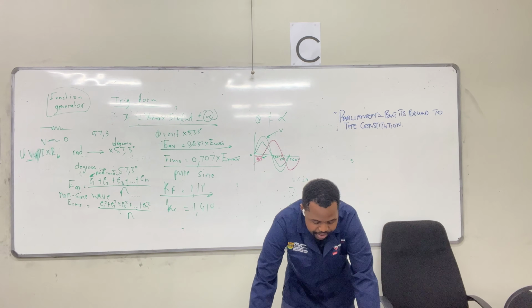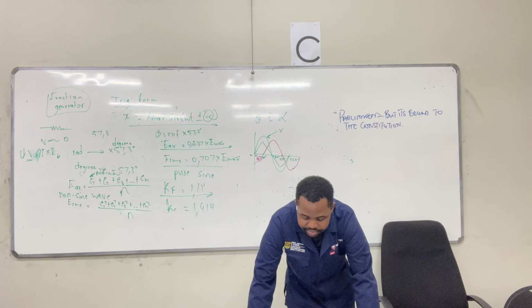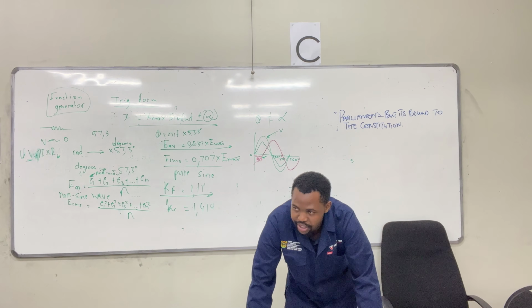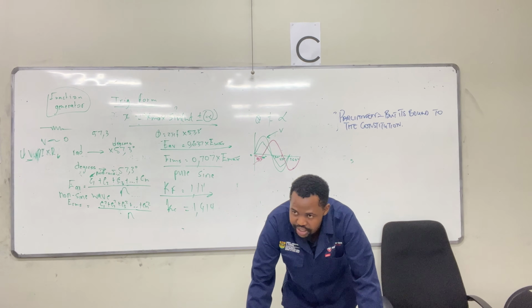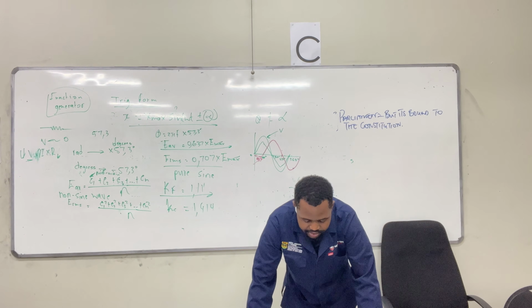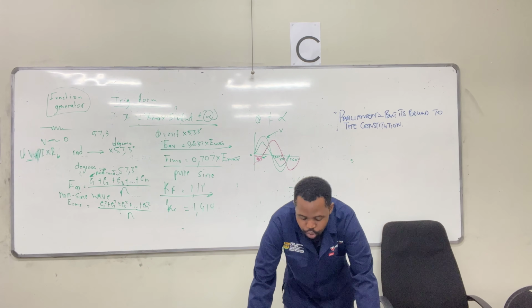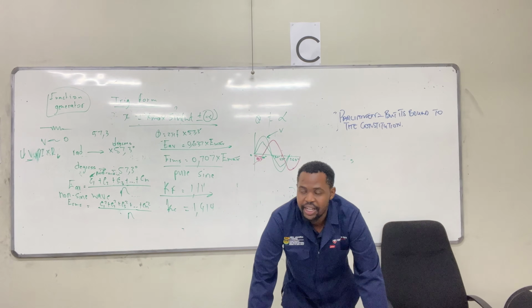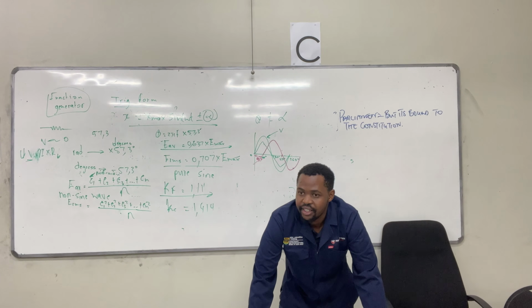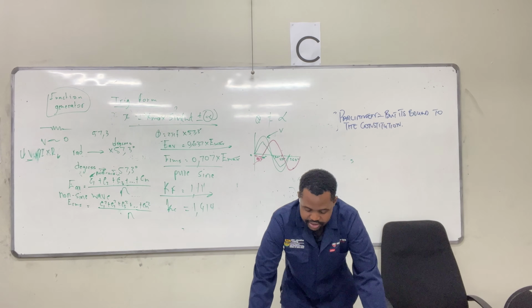Then the phase shift is in degrees, but here it is in radians, so you multiply it by pi over 3.